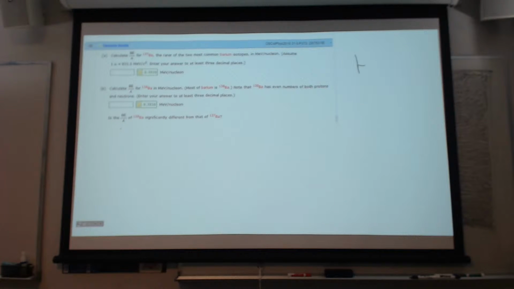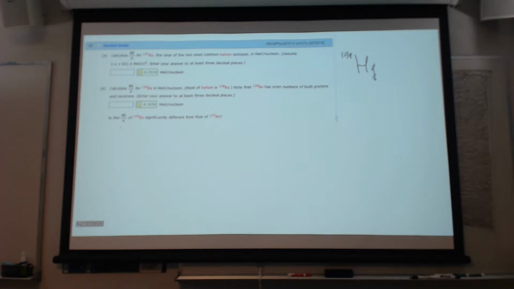So you had mercury 199. First let's check the periodic table.